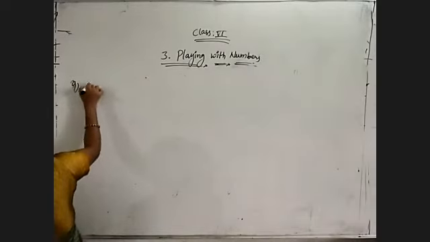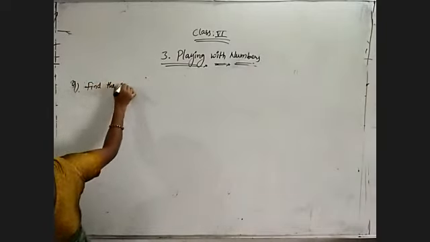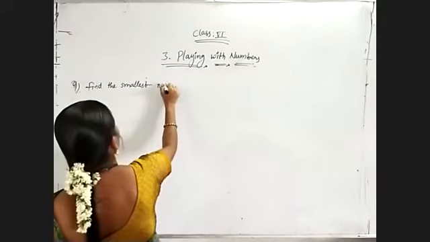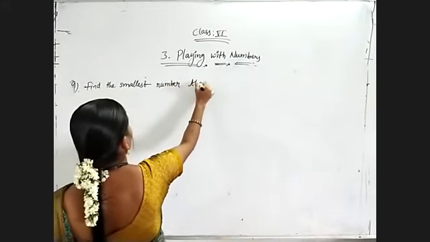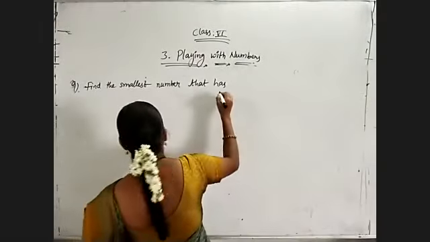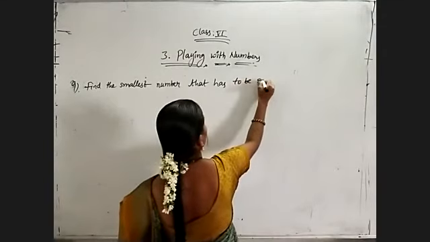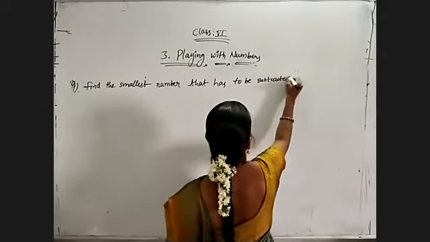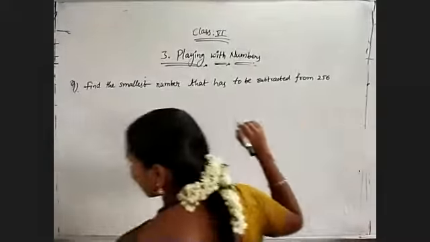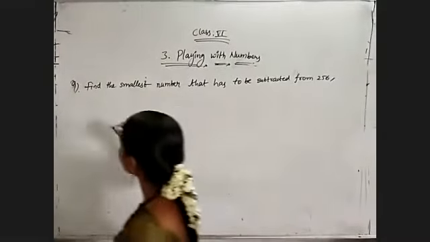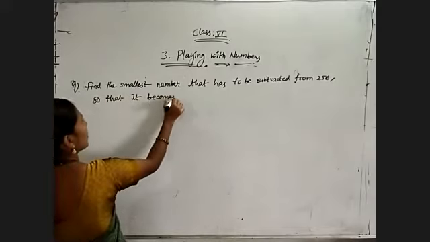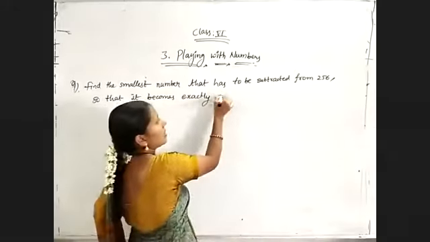Find the smallest number that has to be subtracted from 256 so that it becomes exactly divisible by 10.